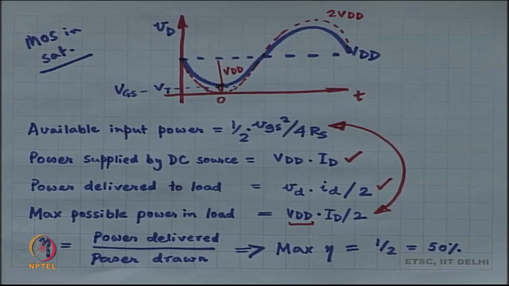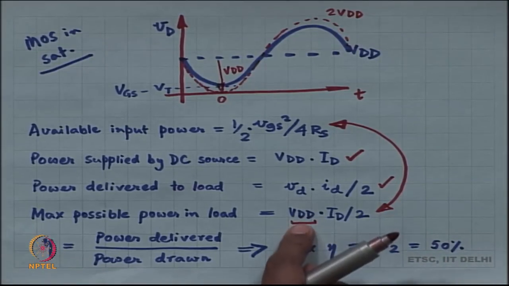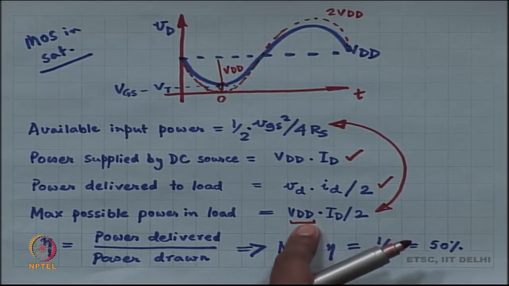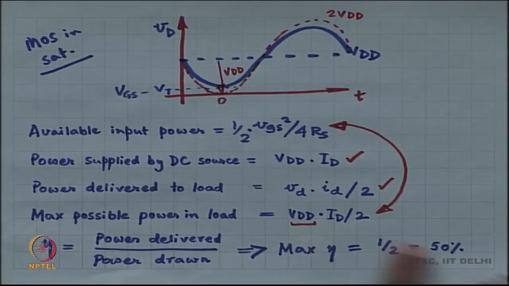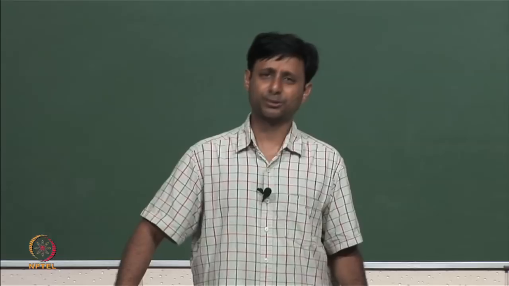For example, capital VDD is too optimistic, the amplitude is not really going to be so large. So, what does that mean? That means that the maximum efficiency has an upper bound of 50% and it is not even 50%, we know it is smaller, right. For example, VDD is overly optimistic. So, 50% is overly optimistic, you are never going to reach 50%.